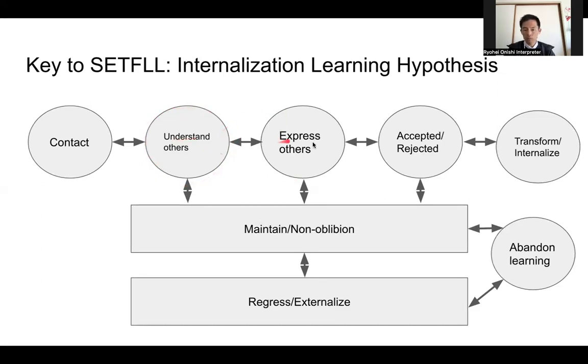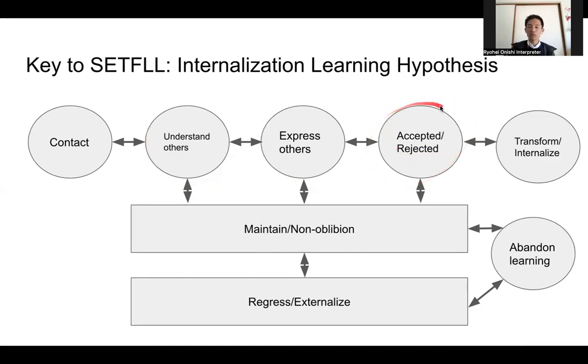Understanding first, explaining second. And there is a judgment here, whether your expression of other people is correct or not correct. If it's correct or appropriate, then you will be accepted. And if the expression of other people is not correct, you will be rejected, right?